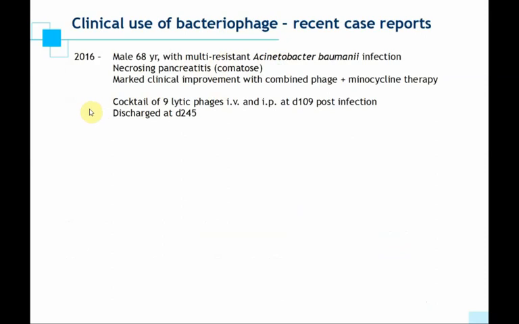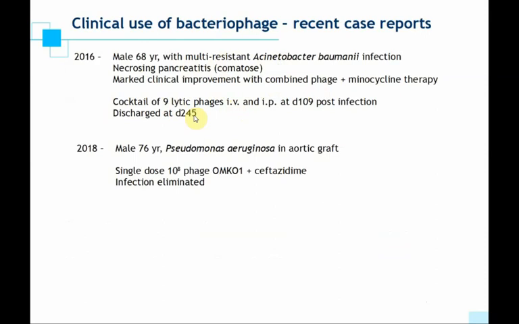They managed to put together a therapy with 9 lytic phages together with the antibiotics, and they kept giving them intravenously and intraperitoneally. And it really worked. This guy survived, a kind of miraculous survival story.